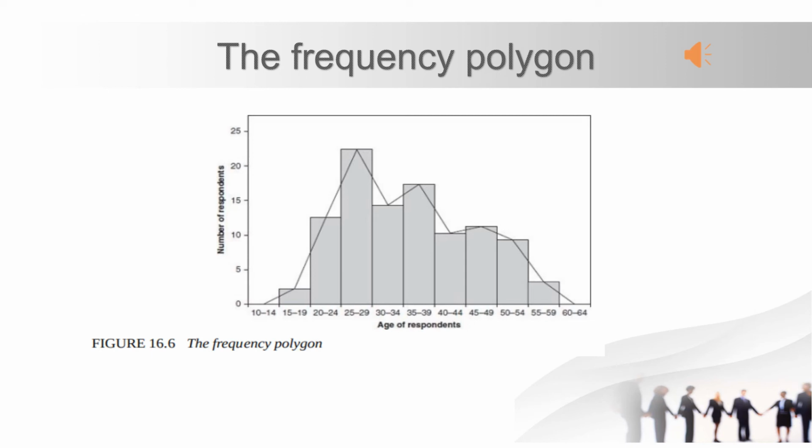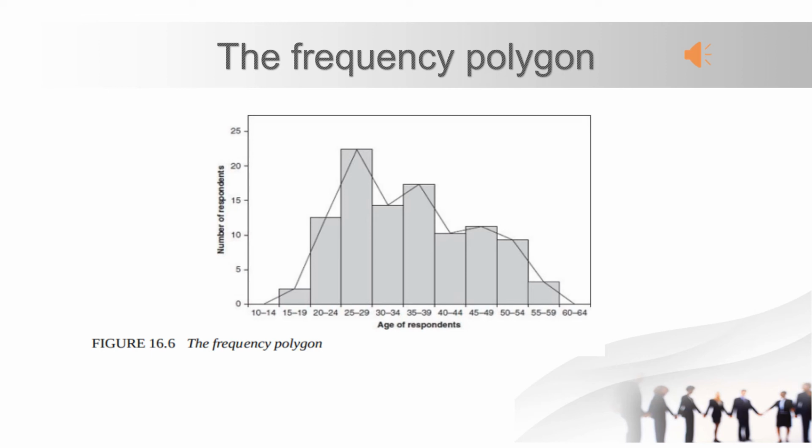Imagine that the two extreme categories have an interval similar to the rest and assume the frequency in these categories to be 0. So from the midpoint of these intervals, you extend the polygon line to meet the x-axis at both ends. A frequency polygon can be drawn using either absolute or proportionate frequencies.